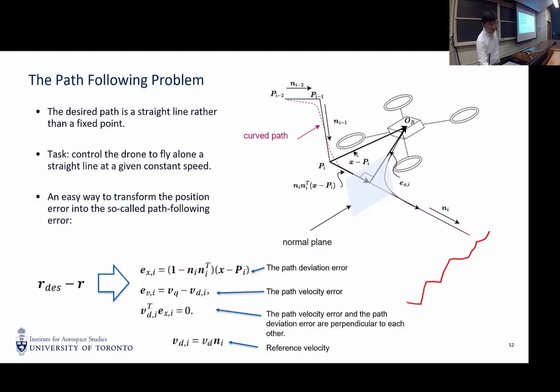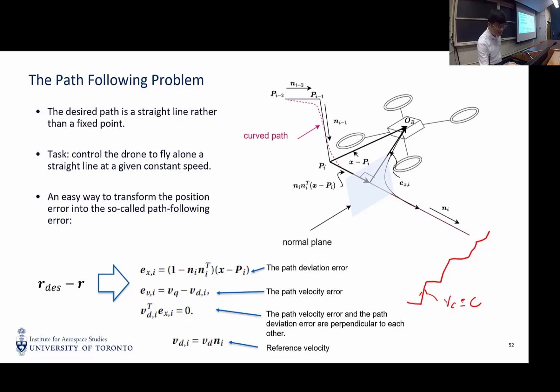On these straight lines, the target velocity is constant. So we cruise at a different constant speed on different line segments. By making these assumptions, we can utilize what we already have to design a path following controller.